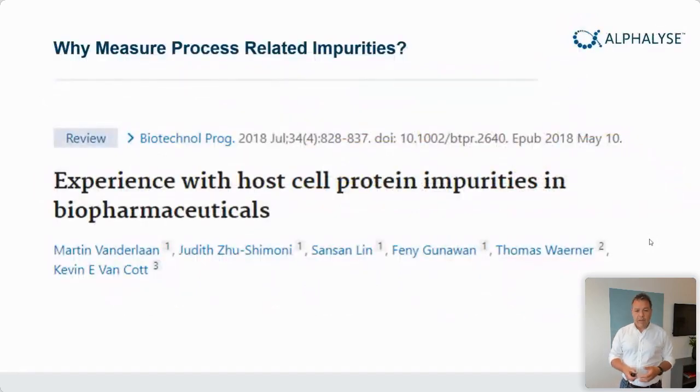So first, I would just remind us a bit about why we have to look at process-related impurities, and why it is interesting to look at this. And I have shown here a review made by Martin van der Laan and colleagues a few years ago, where they look in the literature to find examples where host cell proteins have caused problems and delays in projects.